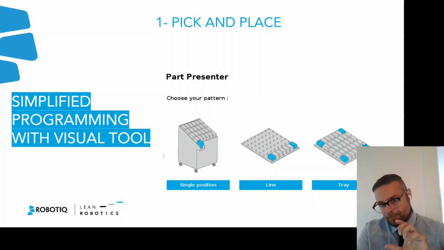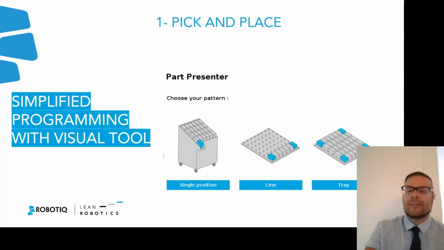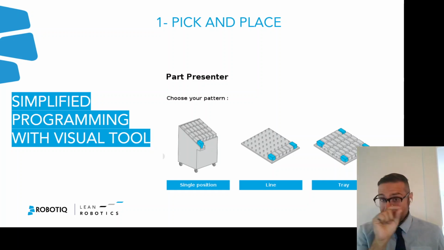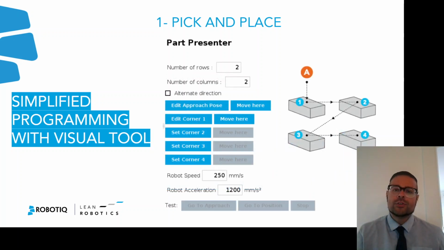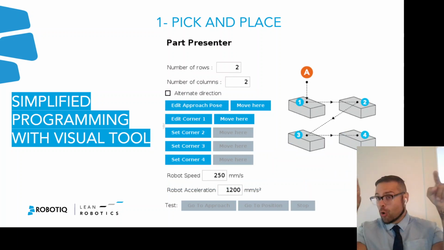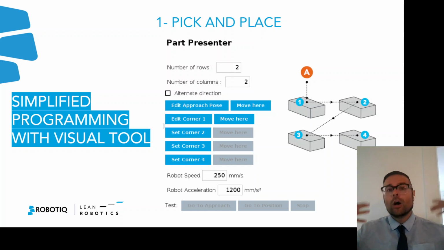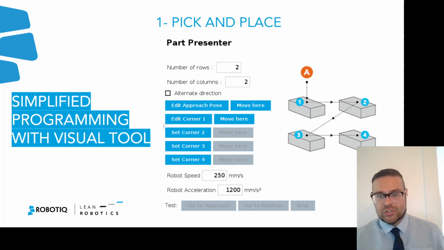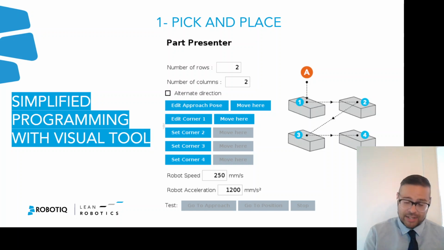And it's a visual tool that simplifies the program. Instead of teaching all the waypoints, what you do now is just teach the first, the last, or the corners, and all of the waypoints and approach points are generated automatically by the software. So it's very simplified programming.